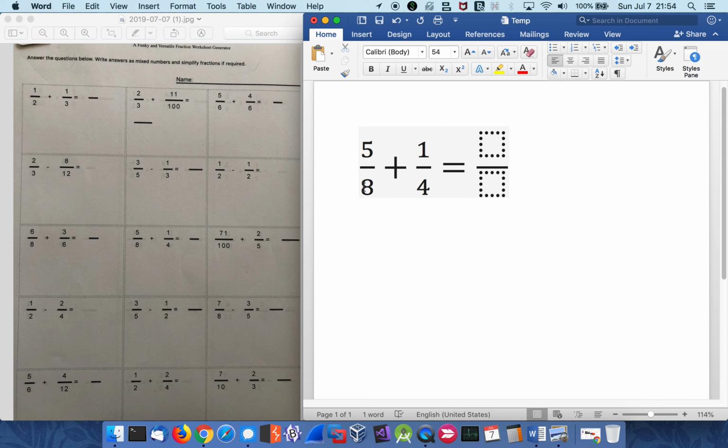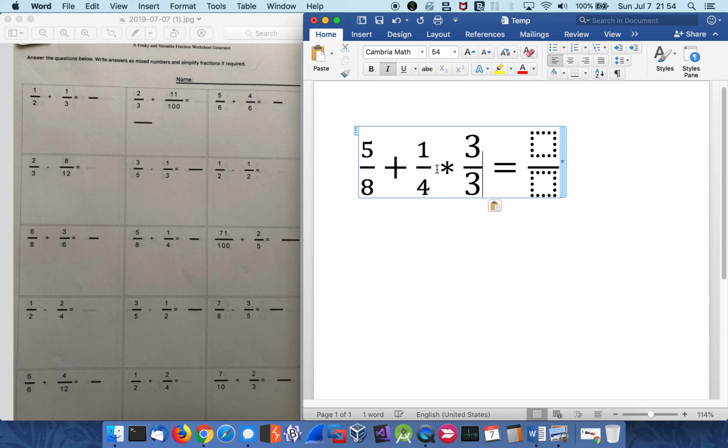Well, the naive way to get the denominators to be equal would be 8 times 4 is 32, so we're going to multiply this fraction by 4 over 4 and this fraction by 8 over 8, but it looks like there's a simpler way. I know that 4 can just multiply by 2 to get 8, so I'm just going to multiply this fraction by 2 over 2. Okay, 2 over 2 is 1, so I'm not really changing the fraction.